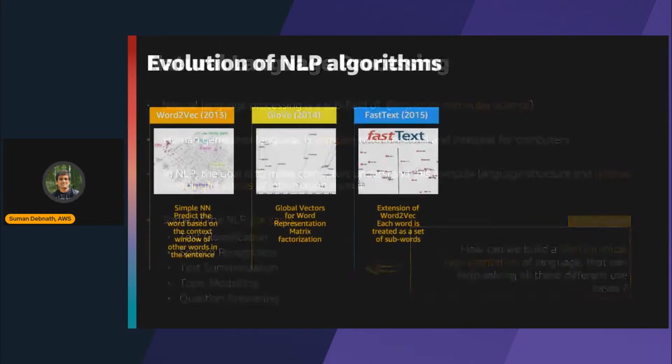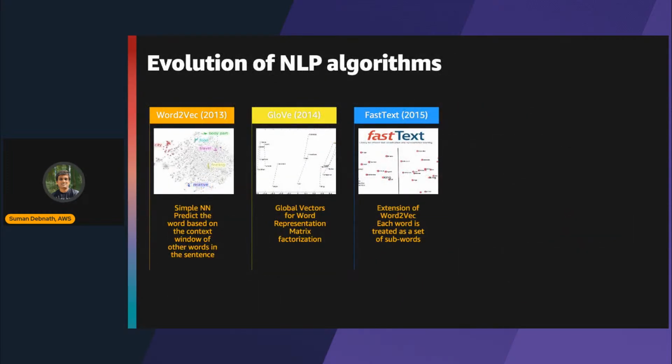Now, this is where different algorithms come into the picture. If you start from the early 2000s, 2013, we had various algorithms like word2vec, GloVe, fastText, and so on and so forth. And all of these algorithms used to do fundamentally the same thing: they used to represent a word in the form of a vector.